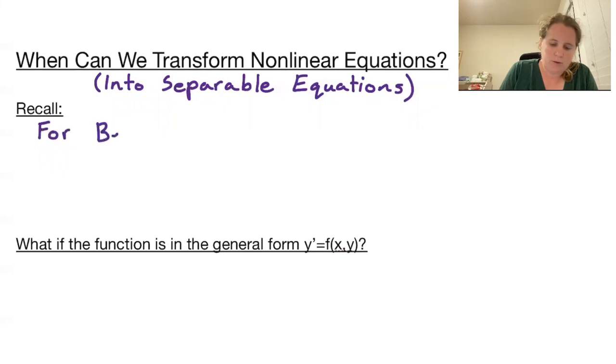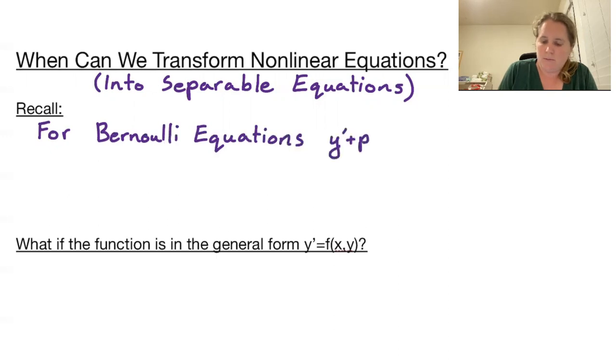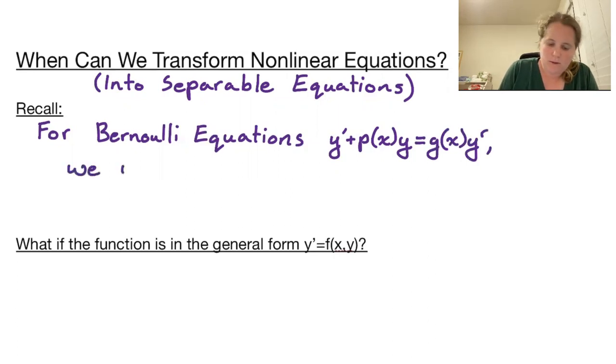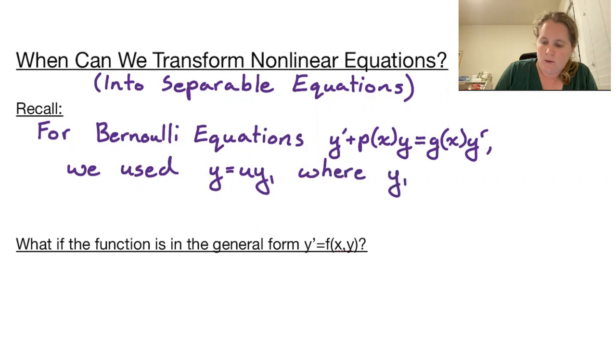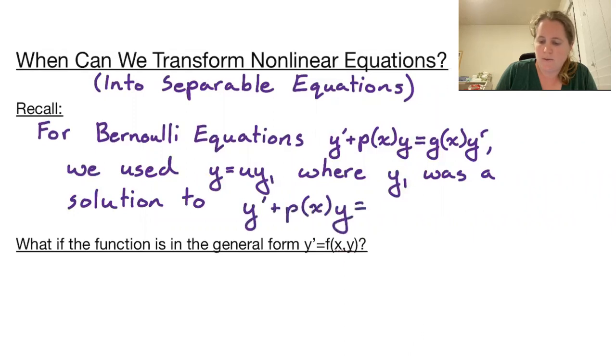So for Bernoulli equations, y prime plus p of x y equals g of x y to the r, we used y equals u times y1, where y1 is a solution to the homogeneous y prime plus p of x times y equals 0.